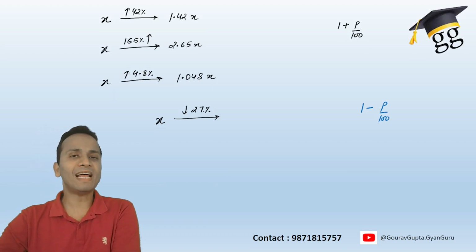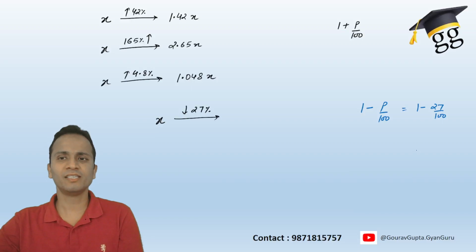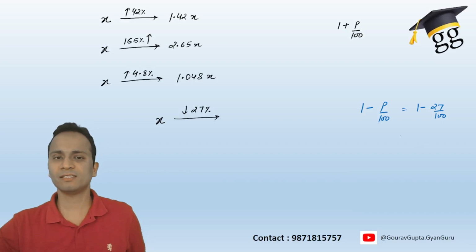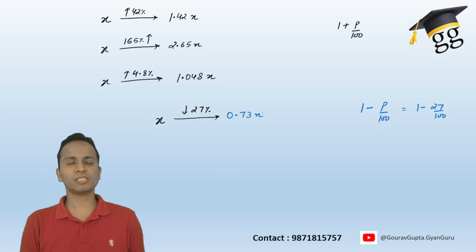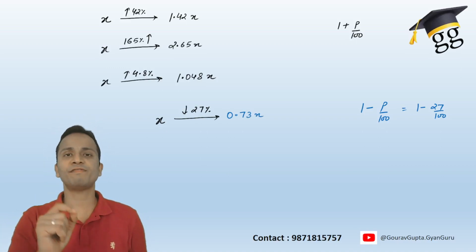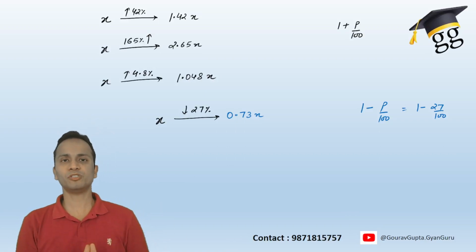Okay, p का वैल्यू कितना है? 27. So it will be 1 minus 27 upon 100. अब थोड़ी सी कैलकुलेशंस हैं, केयरफुली परफॉर्म करो एंड आंसर आ जाएगा. ठीक है? So it will become 0.73 times x.